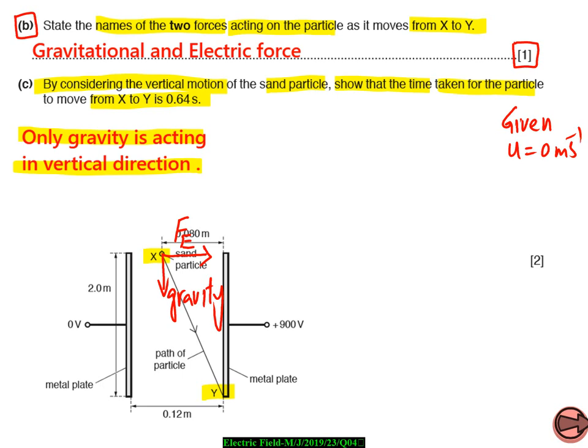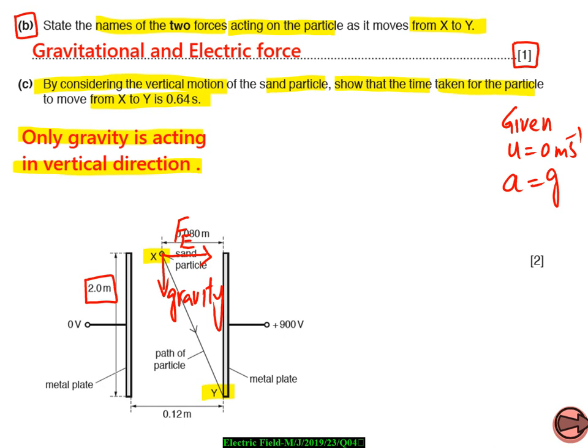There is no air resistance. Next, we can find the vertical displacement as the particle moves from X to Y along the vertical. So s, the vertical displacement, is equal to 2.0 meters. What we need to find is the time taken. So this is t, this is what we need to find out.